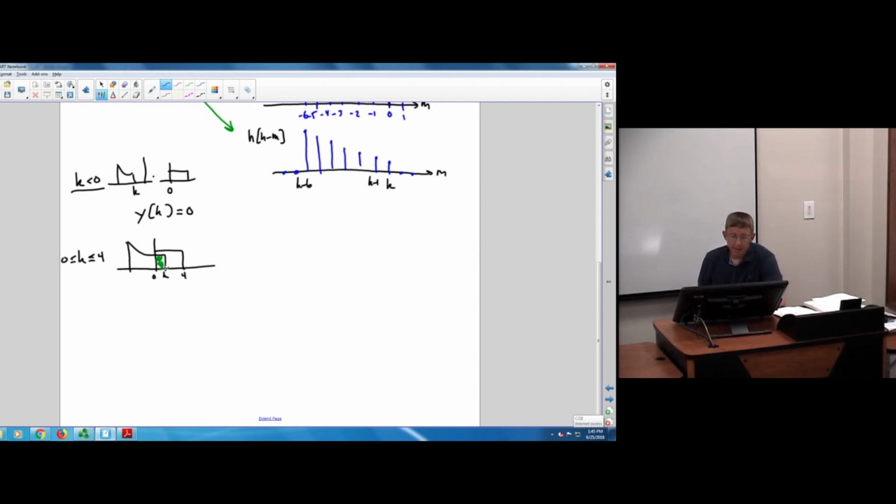What's going to happen eventually, and you'll see it, once this goes past here, we're going to have different terms of the sum because the overlap will be limited by this front edge. So how to determine the cases is the toughest part. And the cases change anytime basically an edge crosses another edge, because then the number of terms changes, or if an equation changes.